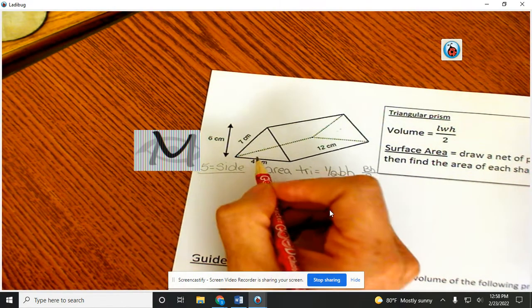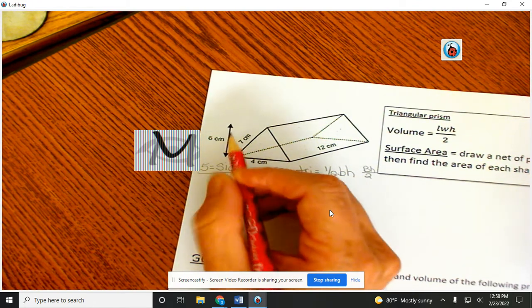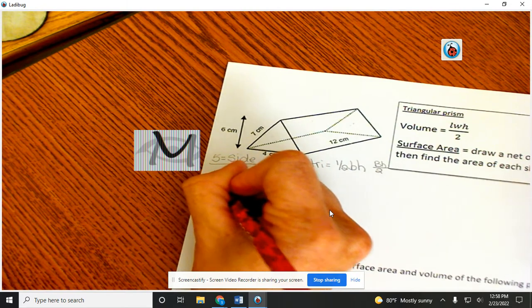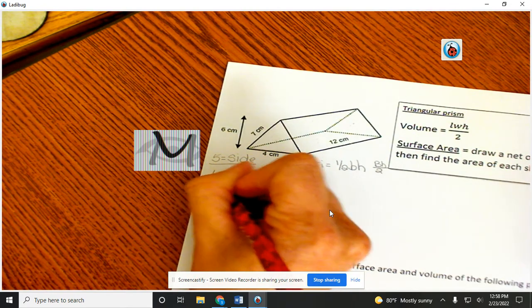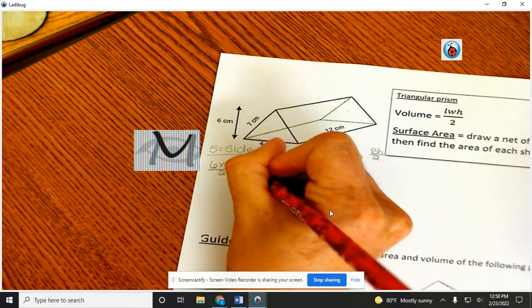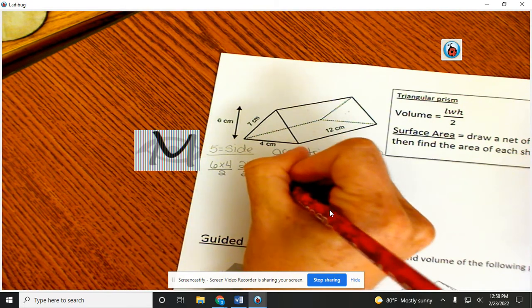All right, so we have 4 down here, right? And it's telling us that height right here is 6, all right? So we have 6 times 4, and we're going to divide it by 2. So we have 24 divided by 2 is going to give us 12.